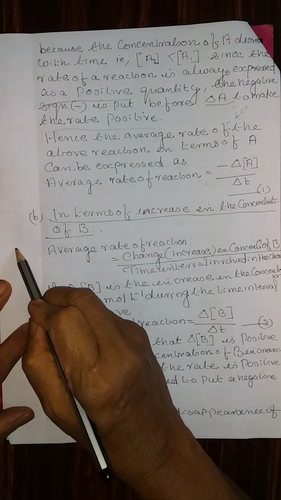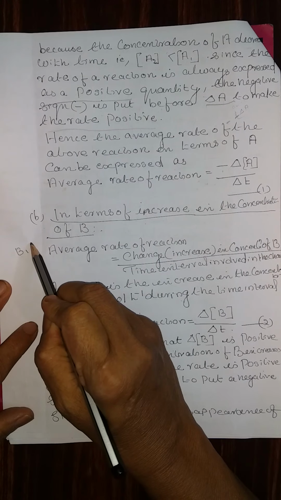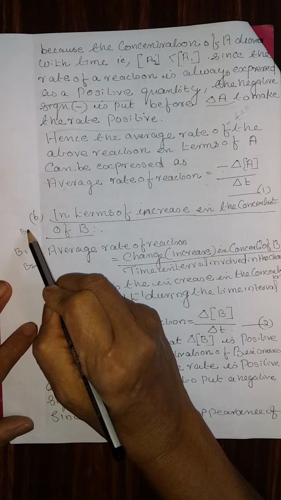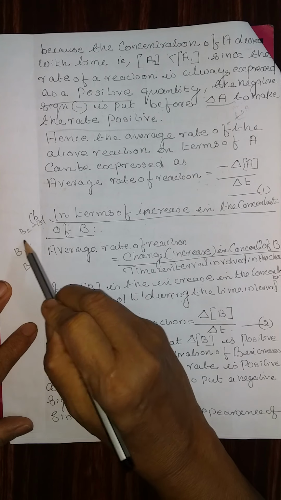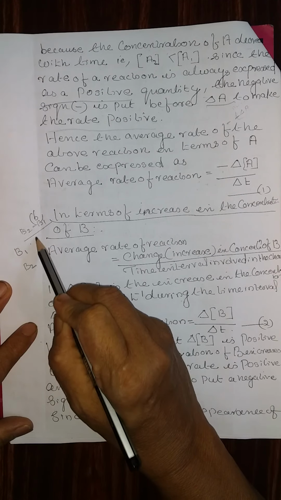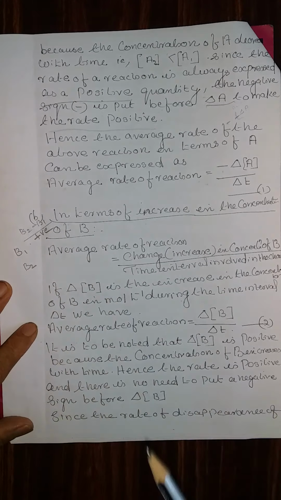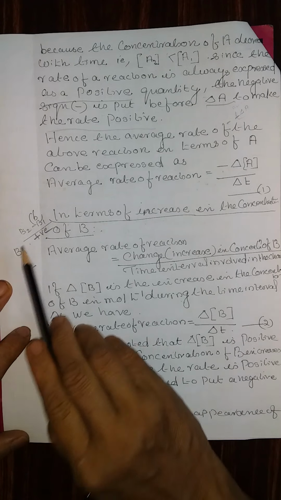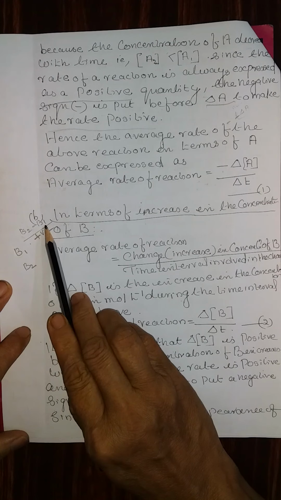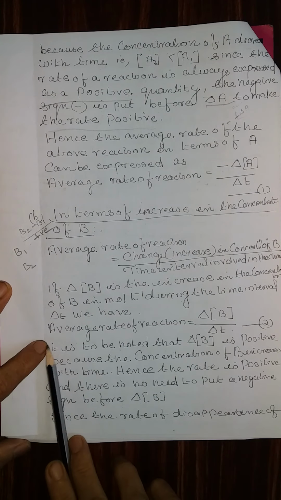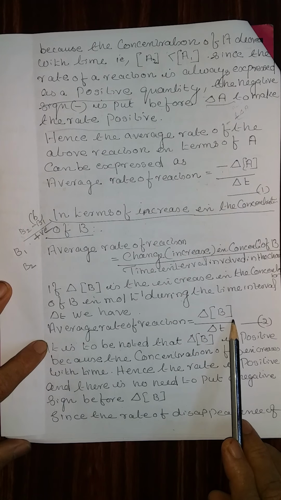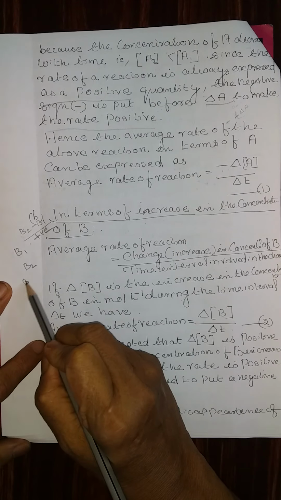For example, if B1 is the initial concentration and B2 is the final concentration, then B2 minus B1 is always positive, because B2 is greater. Therefore, you will get only a positive value. You don't have to multiply with any negative sign because here B2 is greater and B1 is smaller. Therefore, average rate of reaction is equal to delta concentration of B, that is B2 minus B1.